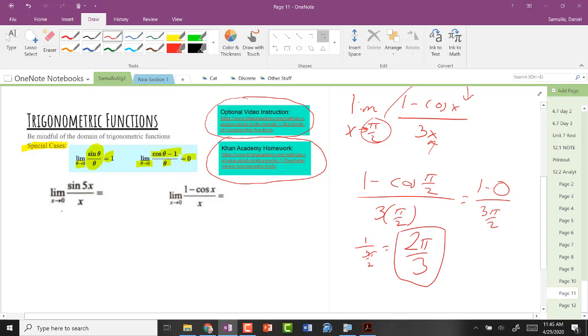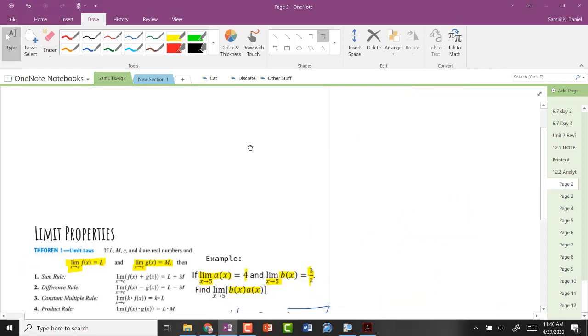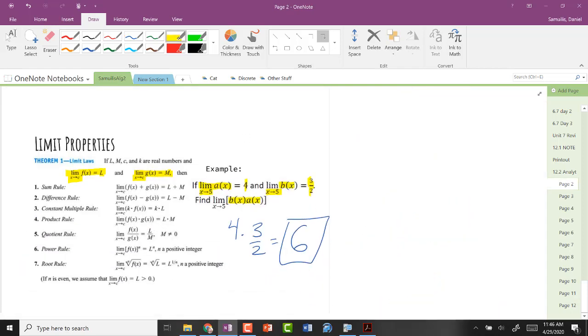Okay, so what we're going to do, again, doesn't look like it, but we are going to approach 0. We are going to multiply this by a value equivalent to 1. So I'm going to multiply it by 5 over 5 because I picked that number because of this guy. And then I have sine of 5x over 5x. So what I can actually do is apply the constant rule. If you go back to page 2, the constant rule here.